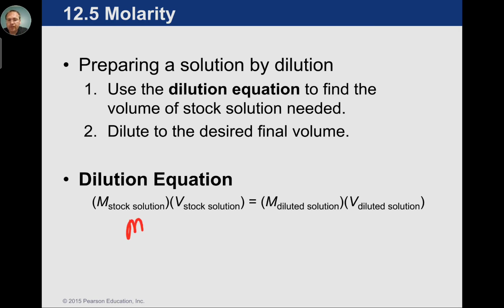It's typically written as M1V1 equals M2V2. In these kinds of situations, you're going to get 3 of these values, and then you're going to be solving for the 4th. These problems are pretty straightforward because one of these is going to be like x in algebra, and then you just solve for it.